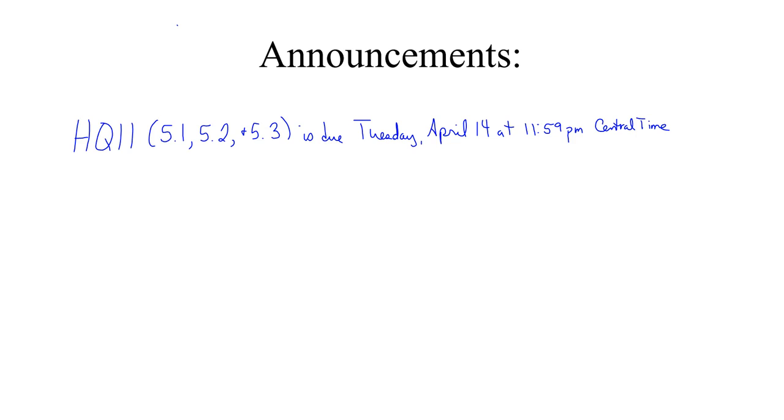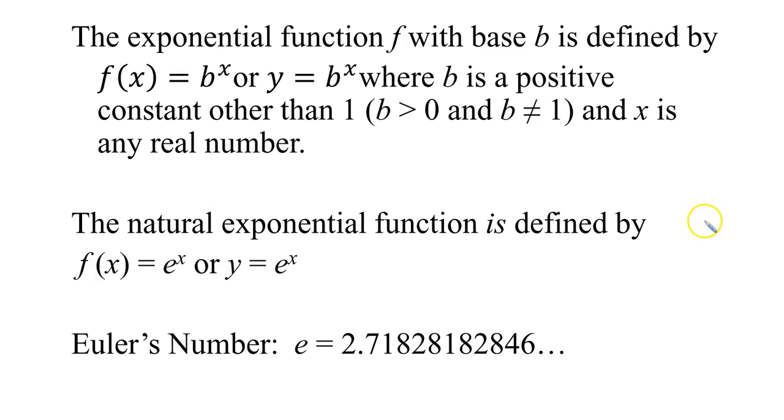So let's get started. As I said, this is section 5.1 and it does talk about something called exponential functions. The exponential function is some type of function with a base of b. We write it as either f of x is equal to b to the x power, or we can replace f of x with the variable y, and write y is equal to b to the x power.